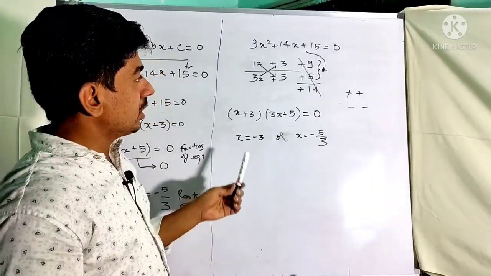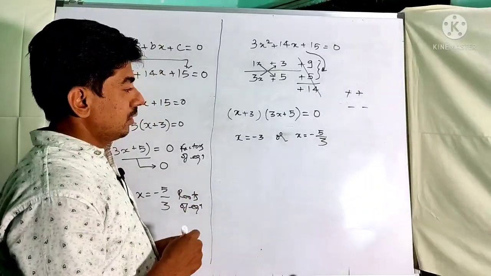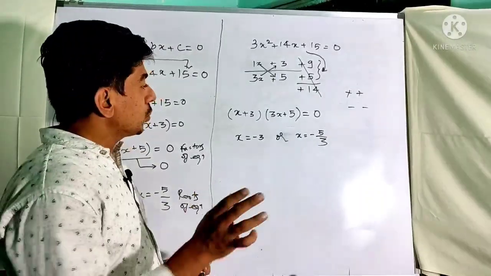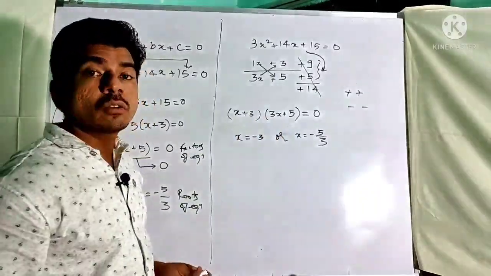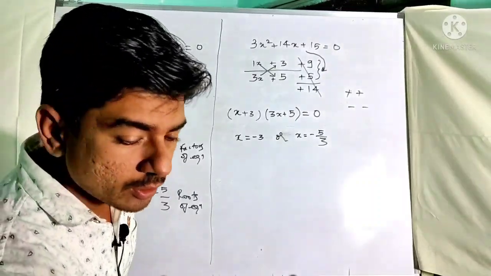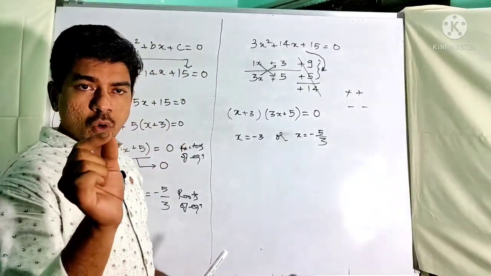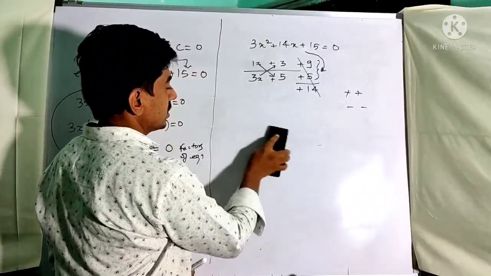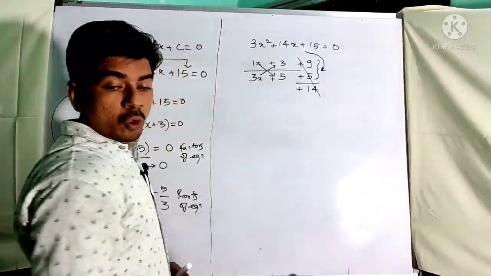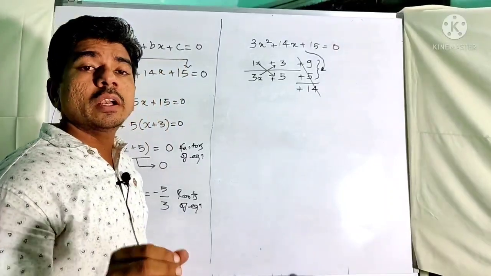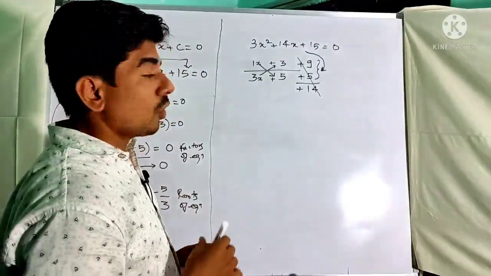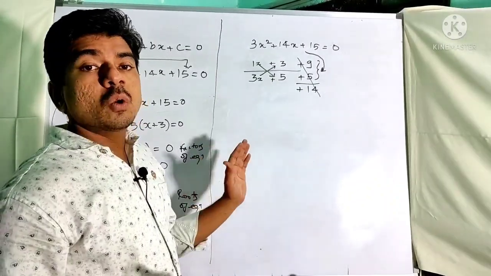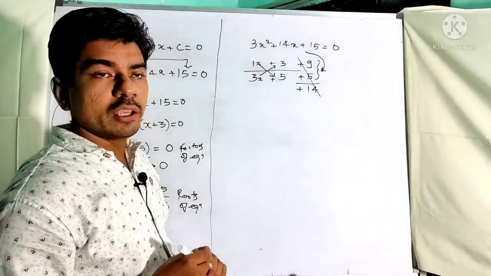Friends, here, if for example you need only the answers of x and you don't need the factors of the equation, for that we are going to make a small difference. What will be the difference? See, here we are not going to write the factors, we are going to write directly the answers of x. I mean, we are going to directly find the roots of this equation.